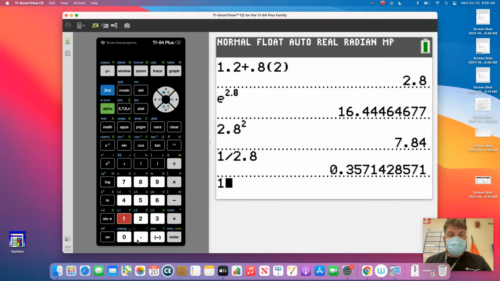So I'm going to say 1.2 plus, and then the natural log, see this button right here? You might say, well, if it says natural log, why don't we list it as log? Why is it listed as ln? You've got to remember, Americans didn't invent this math, the Europeans did.